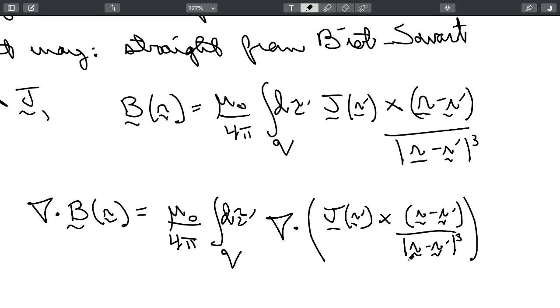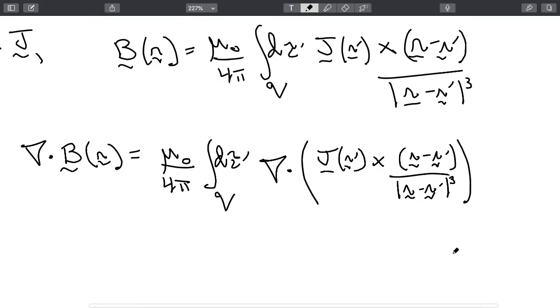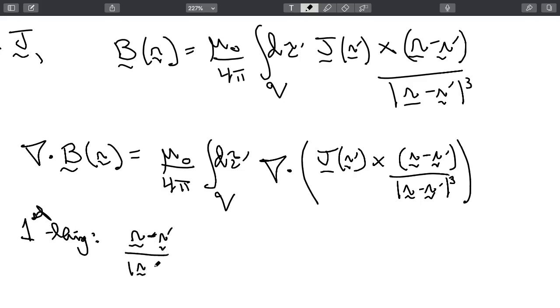Okay, so how does that go? First thing, we can actually write that the combination (R minus R prime) divided by |R minus R prime| cubed, you remember the identity, is just the gradient of 1 over |R minus R prime|.